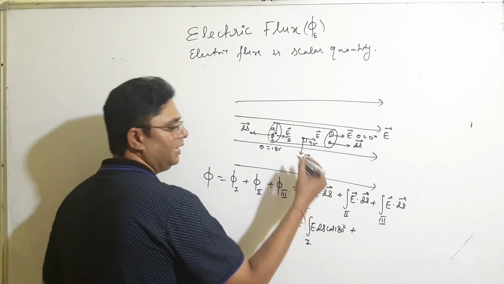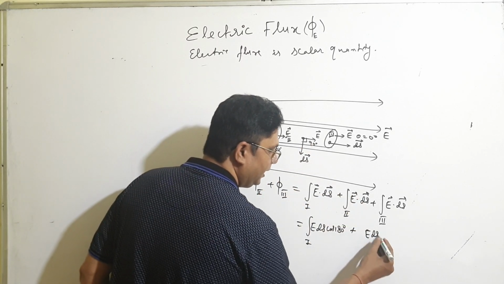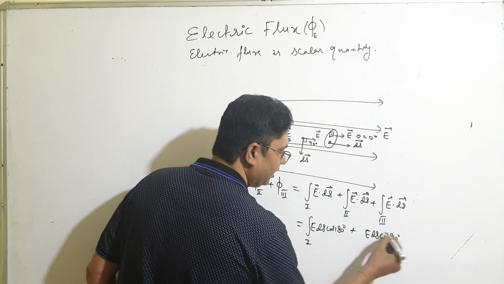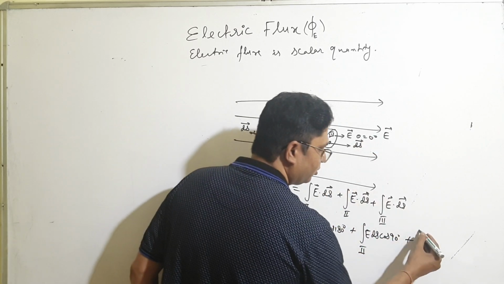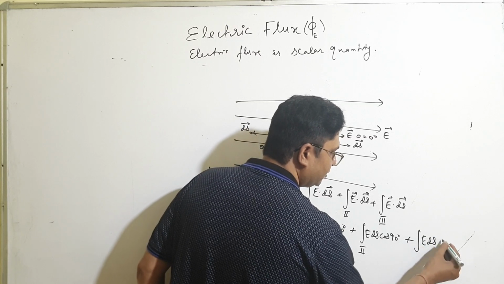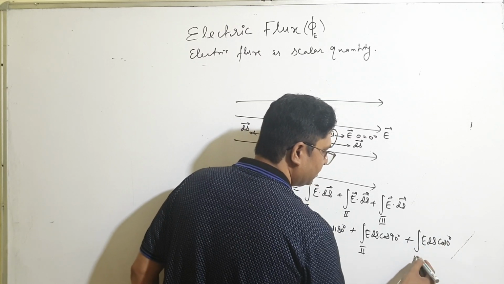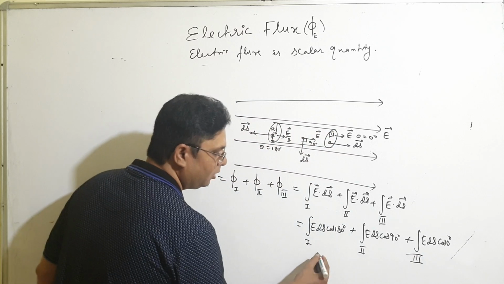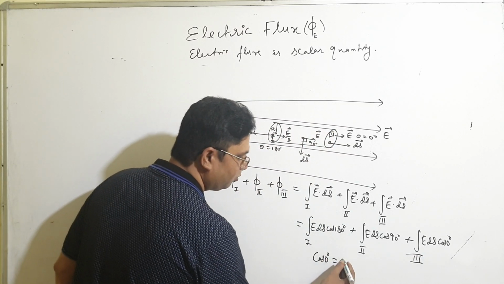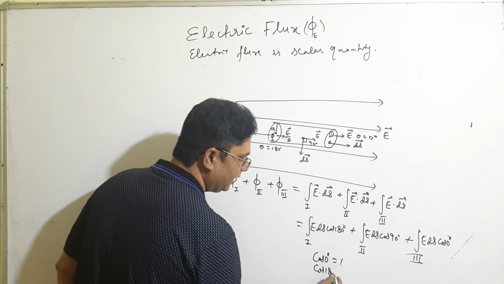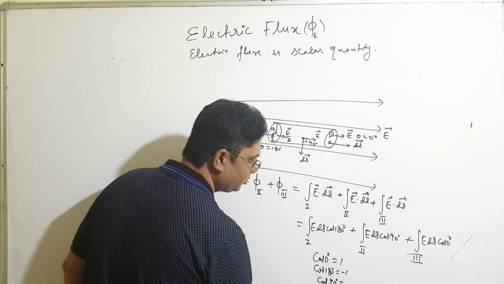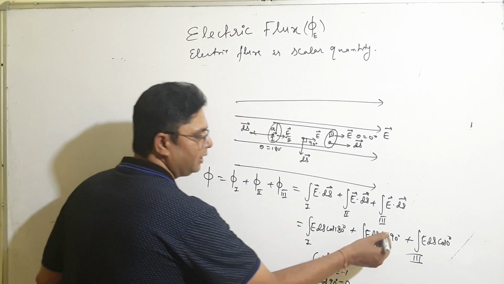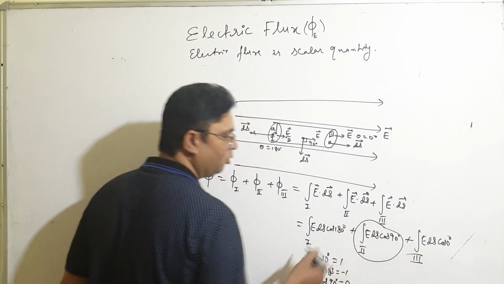In the second surface the angle is 90, so write E ds cos 90 degree. In the third surface it is 0 degree, so write E ds cos 0 degree. You know that cos 0 degree equals 1, cos 180 equals minus 1, cos 90 equals 0. So this quantity becomes 0.